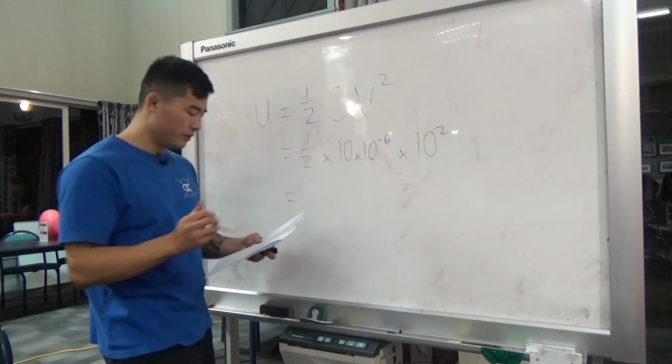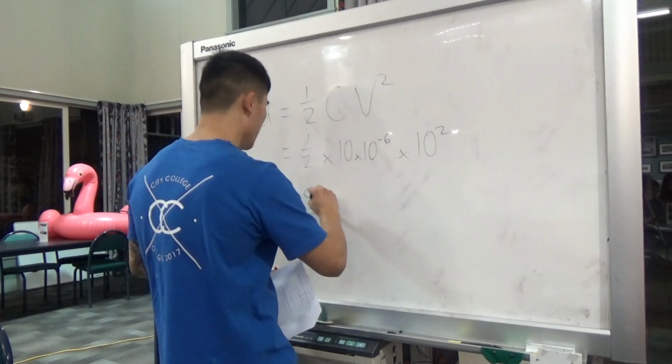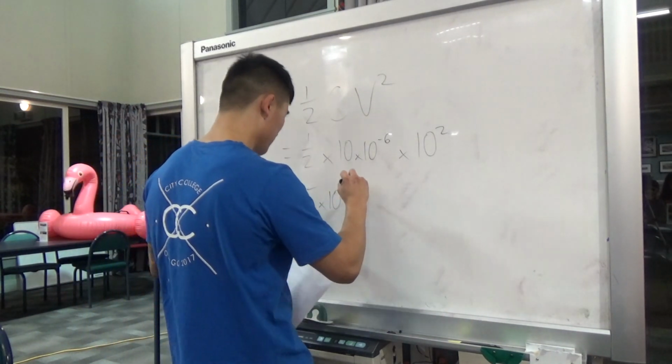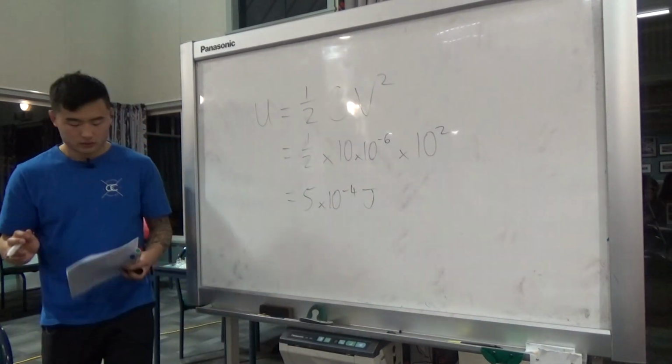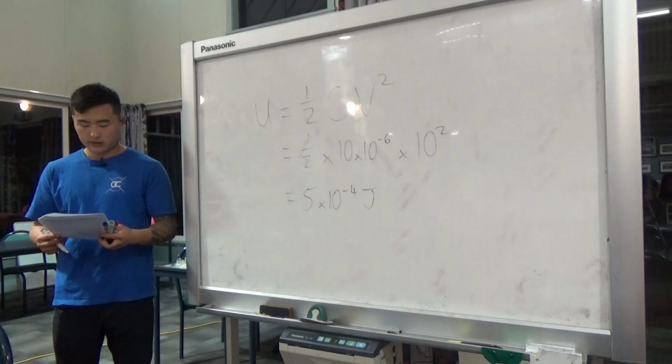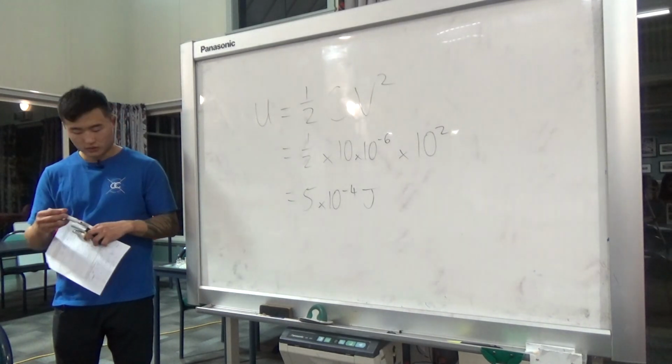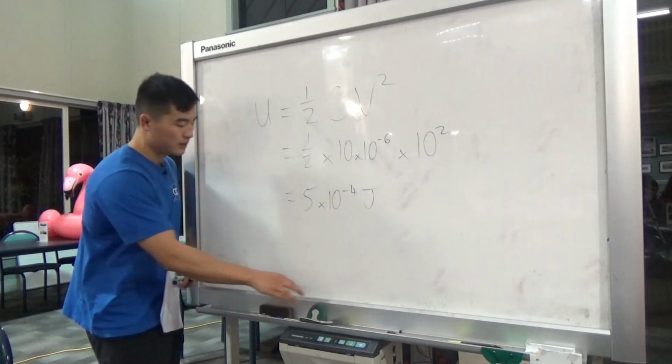And that will give you 5 times 10 to the negative 4 joules.